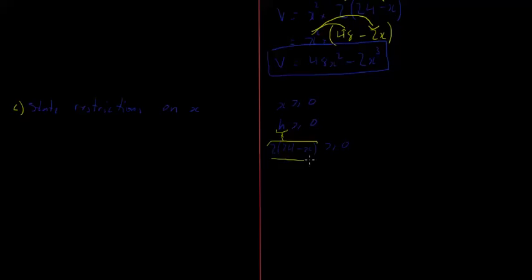So to solve this, we need to divide both sides by 2. It's going to cancel on the left hand side. 0 divided by 2 is still just equal to 0, so we'll have 24 take away x is greater than or equal to 0 still. We can take 24 from both sides, and I'm going to do this first, even though it might seem a little counterintuitive. I could have just added x to both sides.